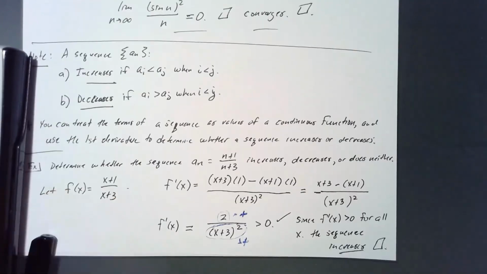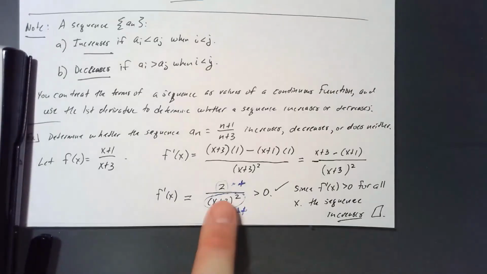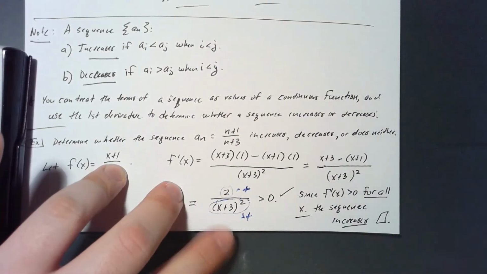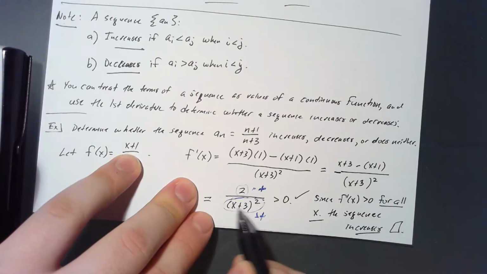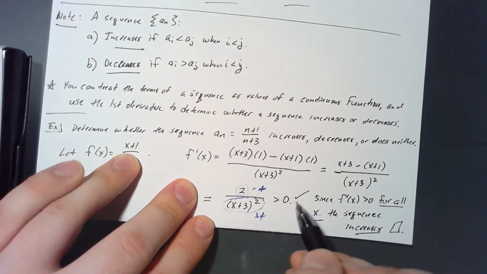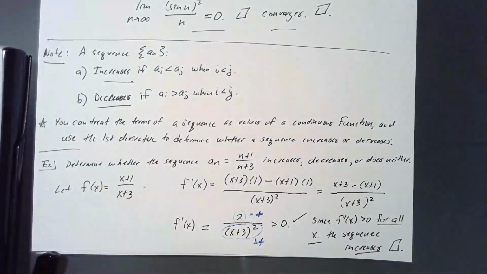That's it. Just take the first derivative and see if it's always going to be positive or if it's going to be negative for all x. If you plug in, you're going to get something squared. That's going to be always positive. 2 divided by something positive is always going to be positive, so it's increasing. And that's it.